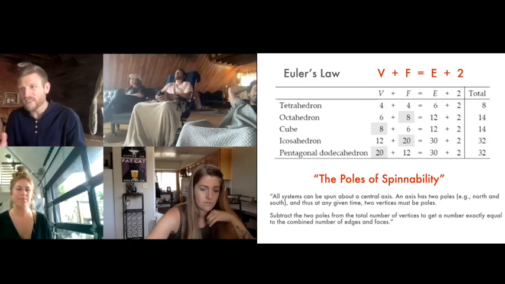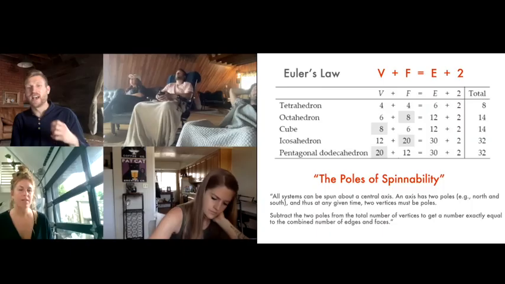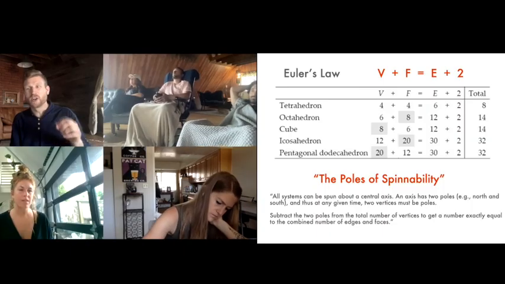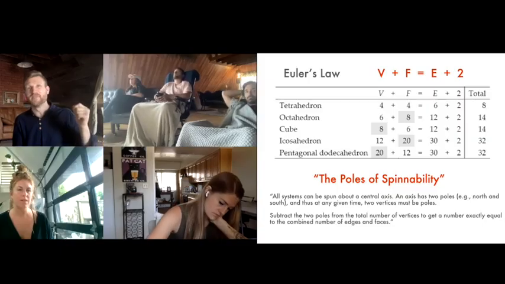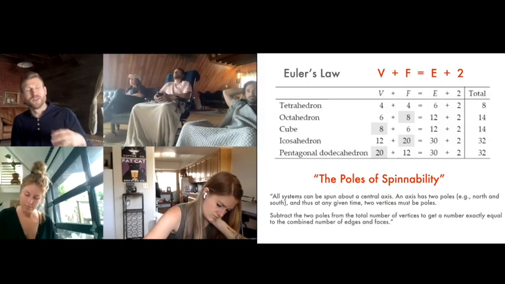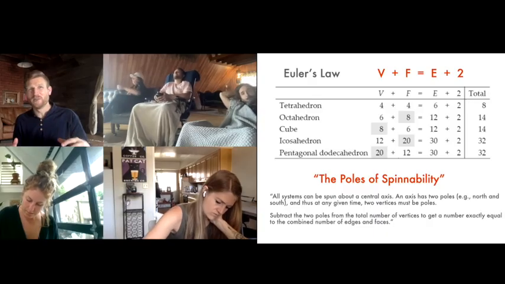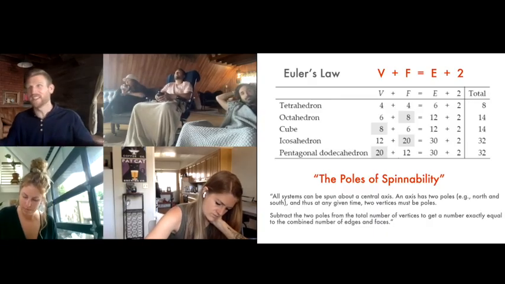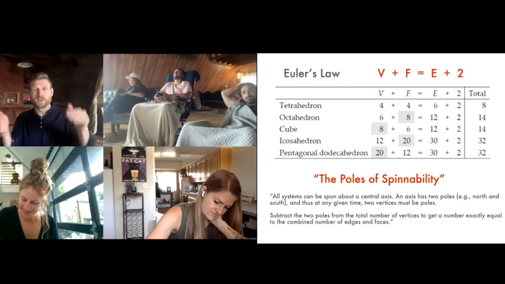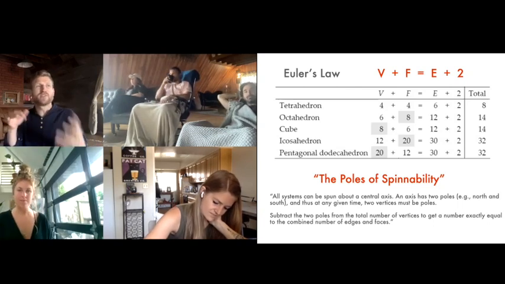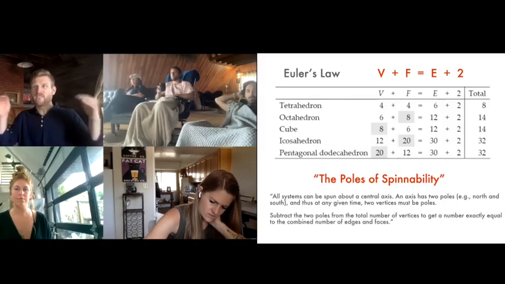And so Buckminster Fuller says that the recurring 2 represents what he calls the poles of spinnability, which, if you study Fuller, his language is so ridiculous and playful. There should be a Fuller dictionary, because he was so obsessed with precision that he was very much against the phrases sunset and sunrise, because that's not physically what's happening.